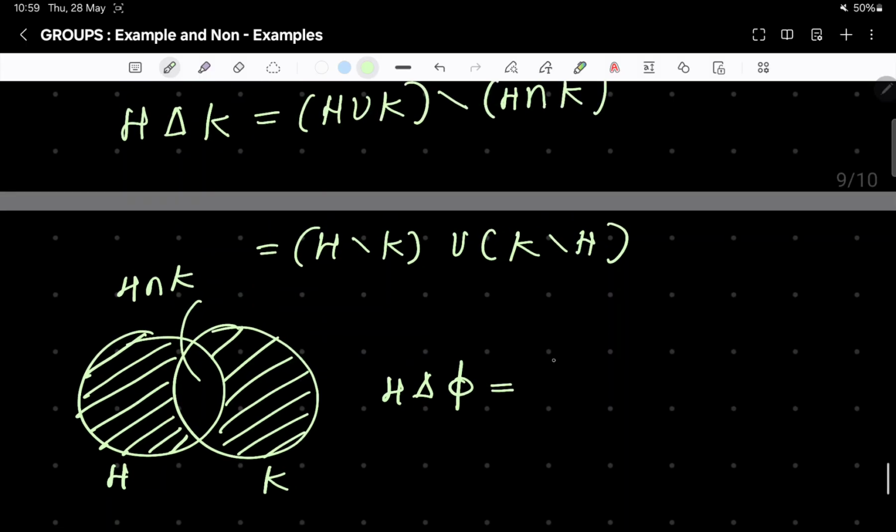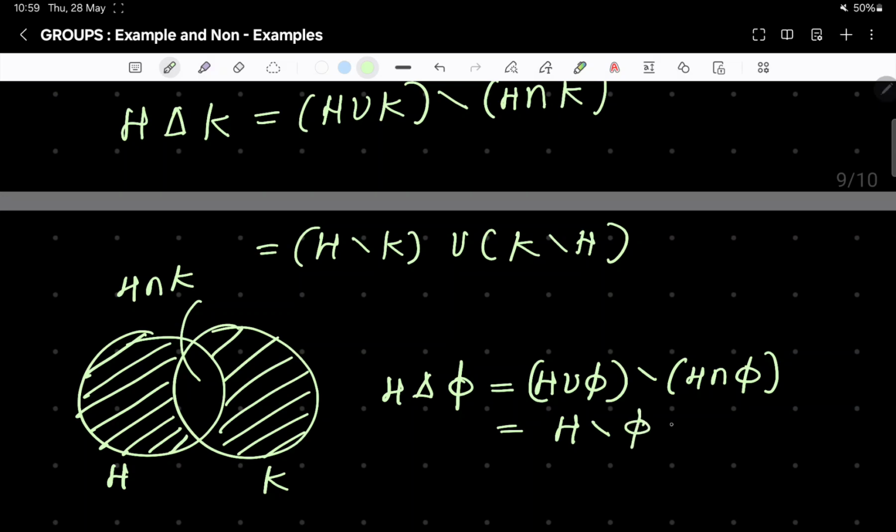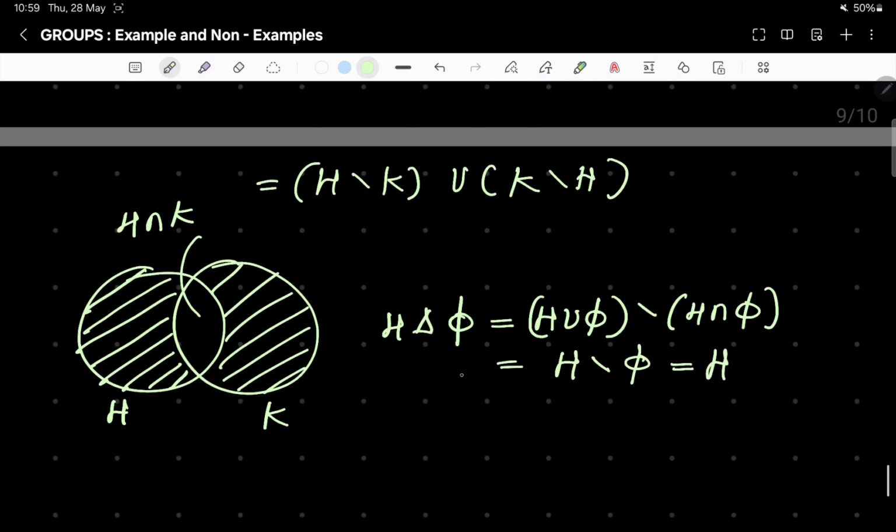Using the first form, H union phi minus H intersection phi. H union phi is H itself, and H intersection phi is just phi, so taking the empty set from H gives H itself. So phi acts as the identity.